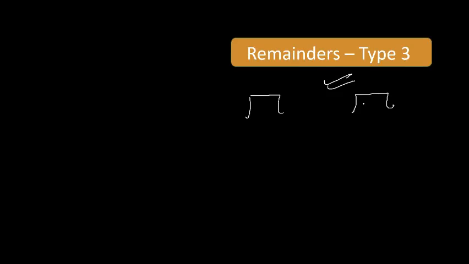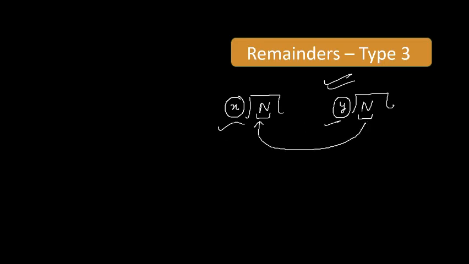Now we will keep the number as it is, but we will change the divisor. We will keep the dividend as it is. This is type 3, right? In which we will change the divisor and keep the same number as it is. Now what will happen? Let's see one example to understand this case.